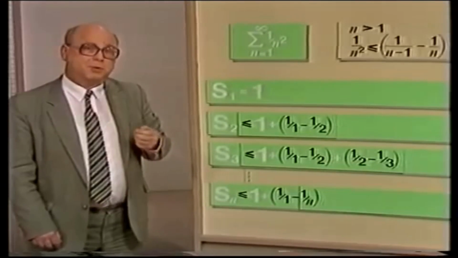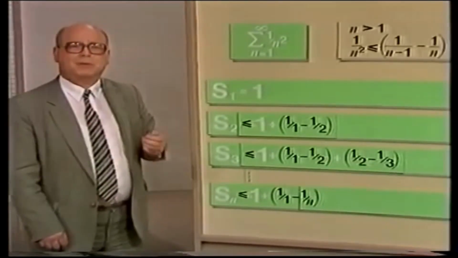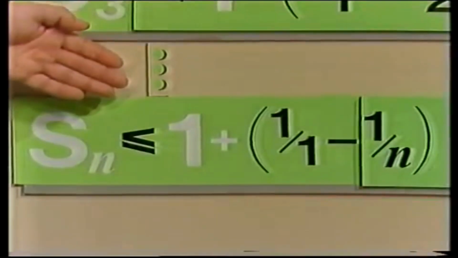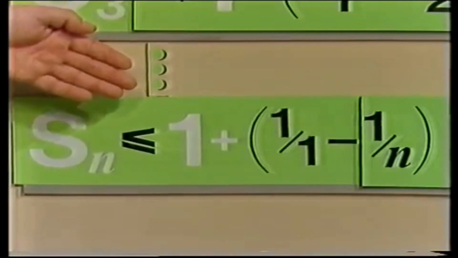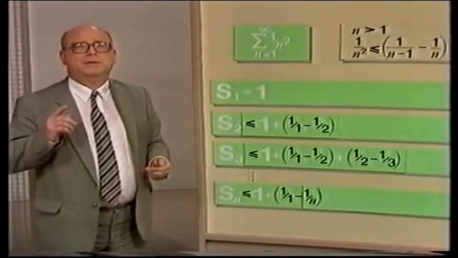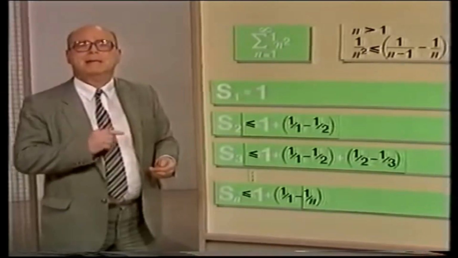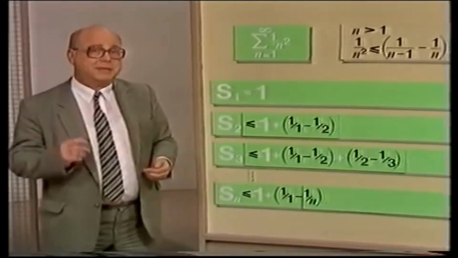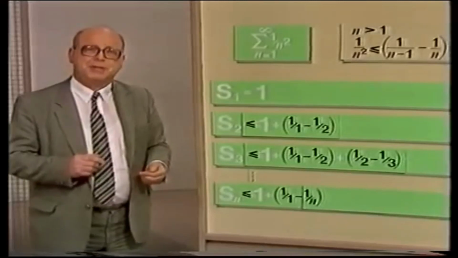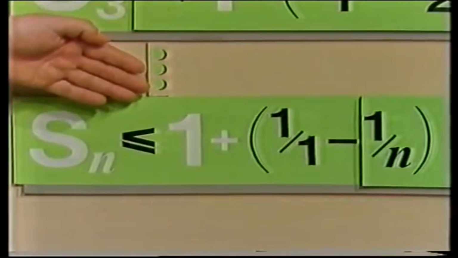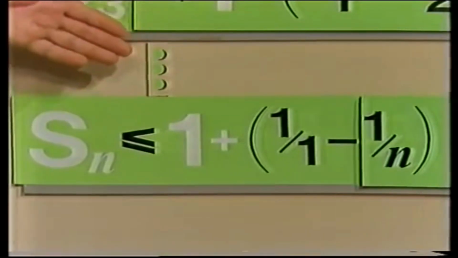So, sigma 1 over n factorial from n equals 1 to infinity converges to some number less than or equal to 2. And that means that when you add in the extra term 1 over 0 factorial at the beginning, that sigma 1 over n factorial, summed from n equals 0 to infinity, converges to some number less than or equal to this 2 plus the extra 1. That's 3.